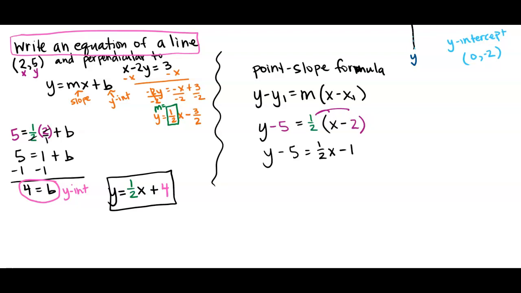Then I need to add my 5 over because I want it in that y equals mx plus b form. So y equals 1/2 x plus 4. Again, I can see here's my slope and here's my y-intercept.